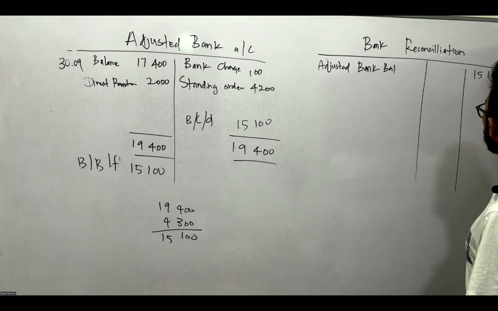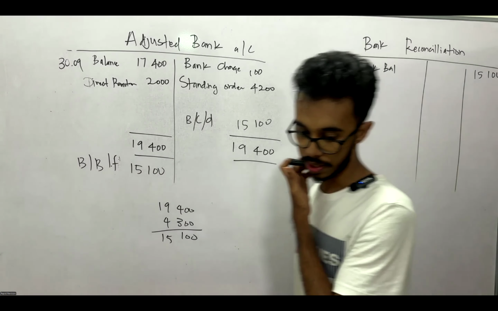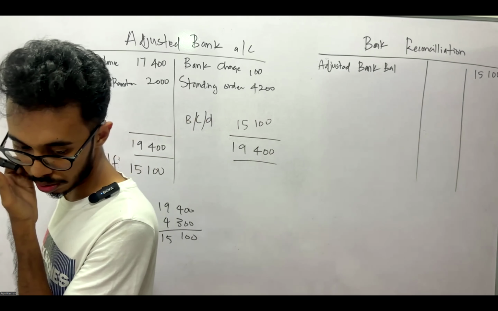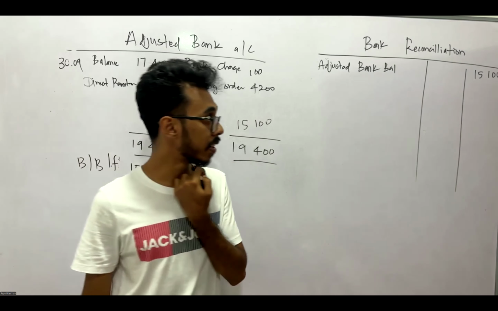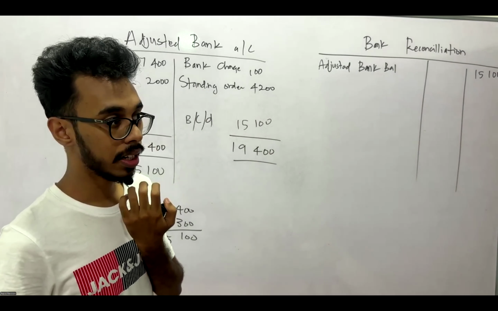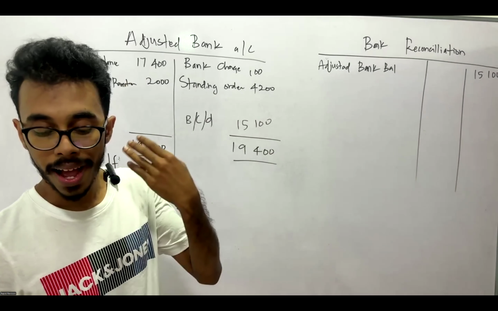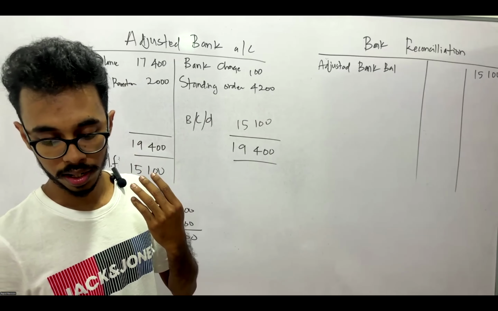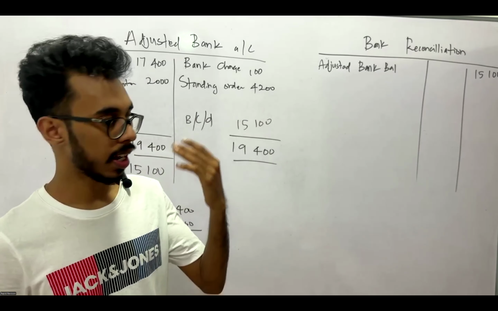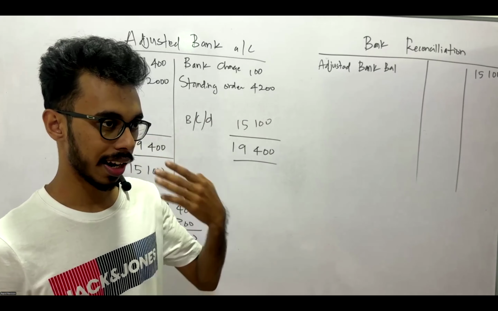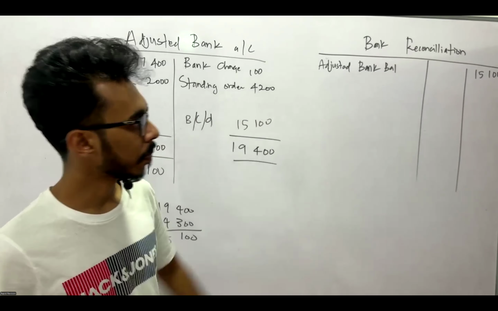You have to take that balance here. Now this balance, you have to take all the information that is in the bank account that we have prepared: the debit side, the credit side in the statement, the unrecorded adjustments.